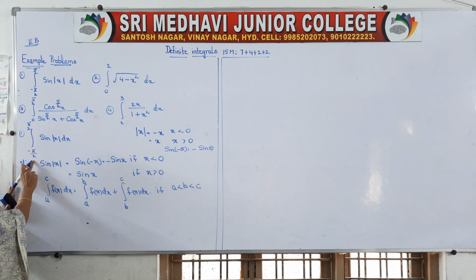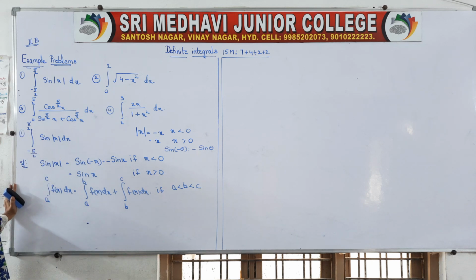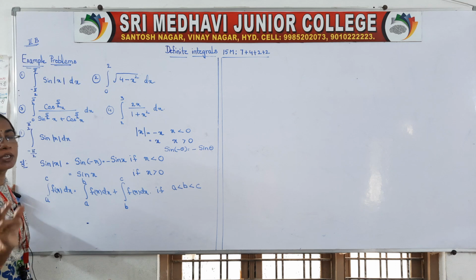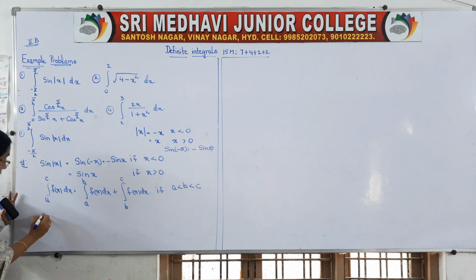So here also, if you observe your given integral from minus pi by 2 to pi by 2, in between minus pi by 2 and pi by 2, 0 will be there, isn't it? So we can split into two integral form. How we can split?